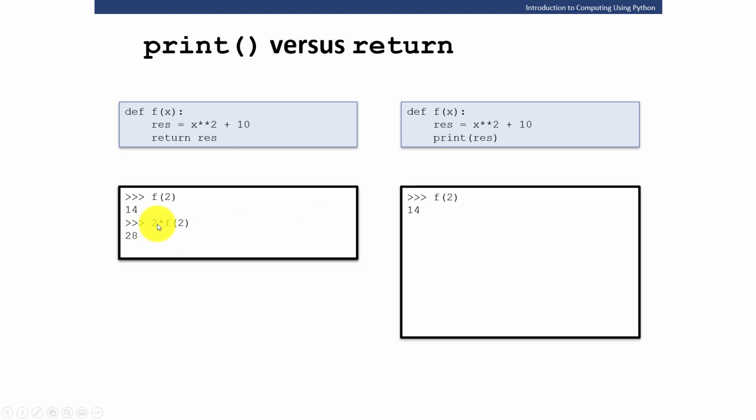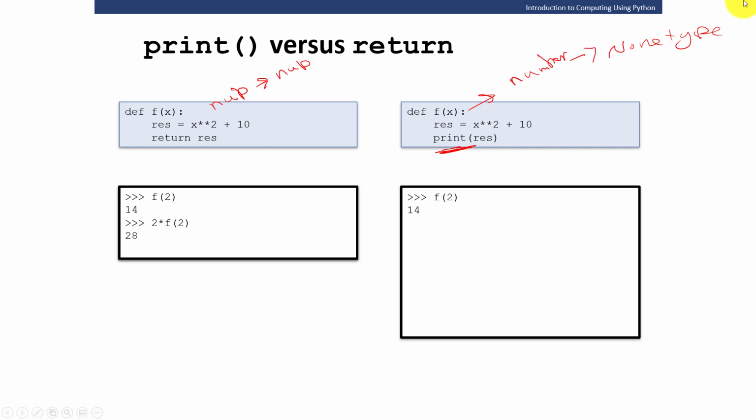But suppose that I want to multiply f of 2 by 2. This is going to give me 28 because I'm returning a number. You remember the type contract? I said that the type contract here is number to number. However, for the print version, what's the type contract, guys? You're inputting a number, so it's a number to, if we evaluate it, if you remember, a None type.